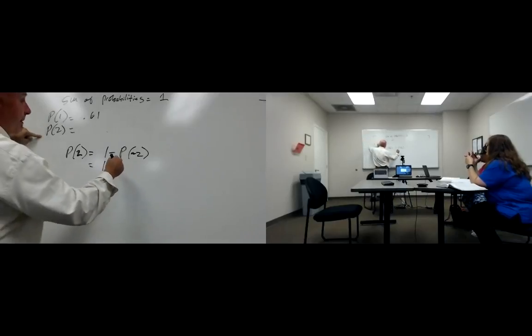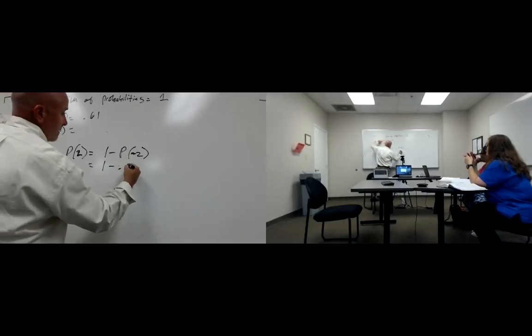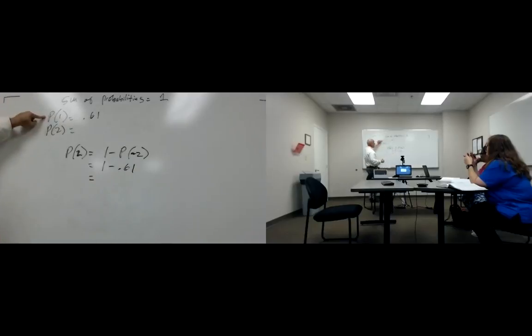So the probability that outcome 2 does not occur, if outcome 1 occurs, 2 cannot occur. Remember, we're using this subtraction.